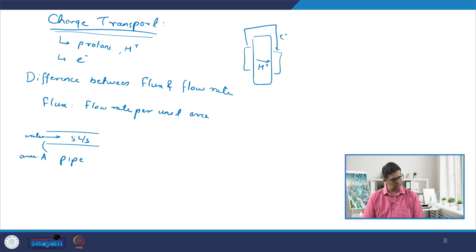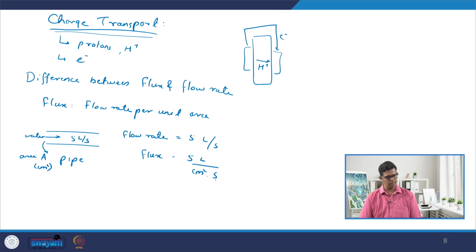This is the cross sectional area A. So, the flow rate will be 5 liters per second, whereas flux is 5 liters per second per unit area. Let us say this area is in centimeter square, so the unit of flux is volume divided by area per unit time.